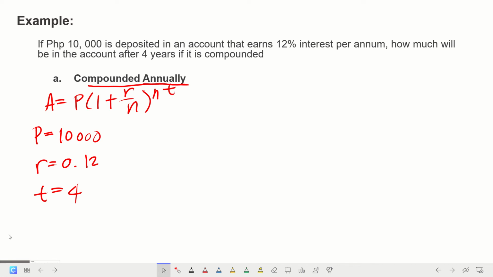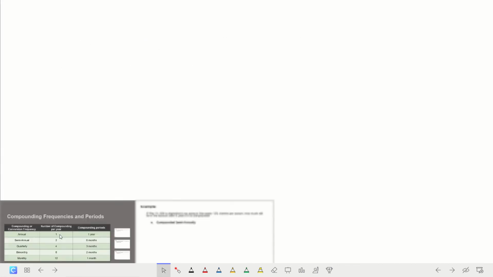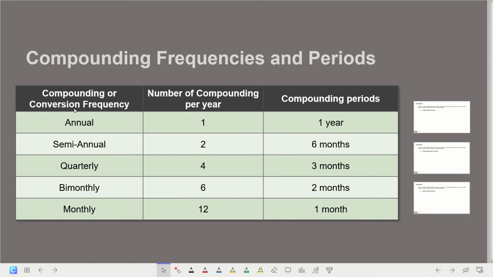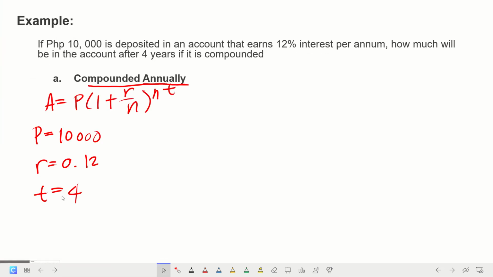So let's go to our table of compounding frequency. When it says compounded annually, it means the value of n is equal to 1. So back to the problem, our n here is equal to 1.